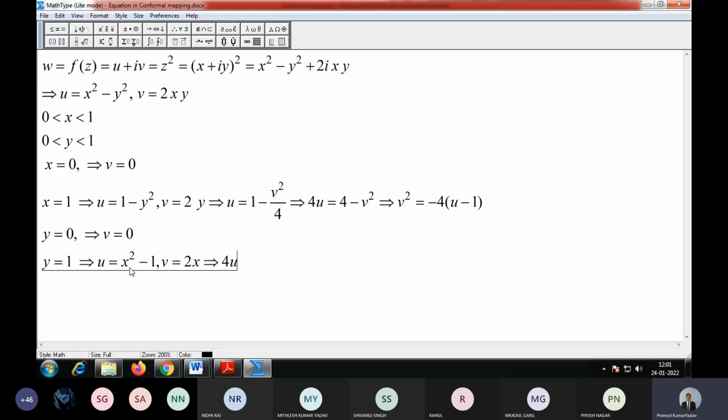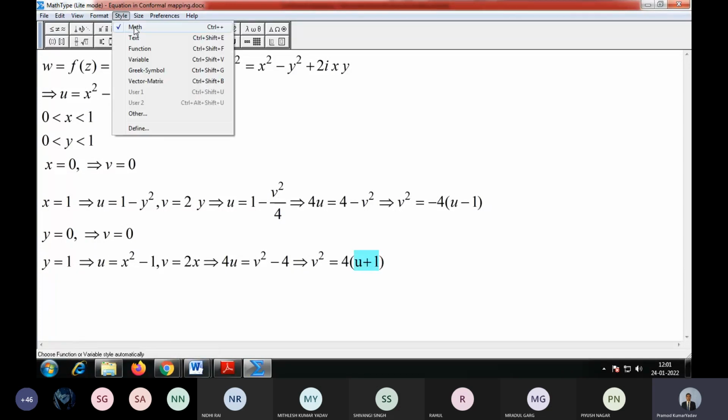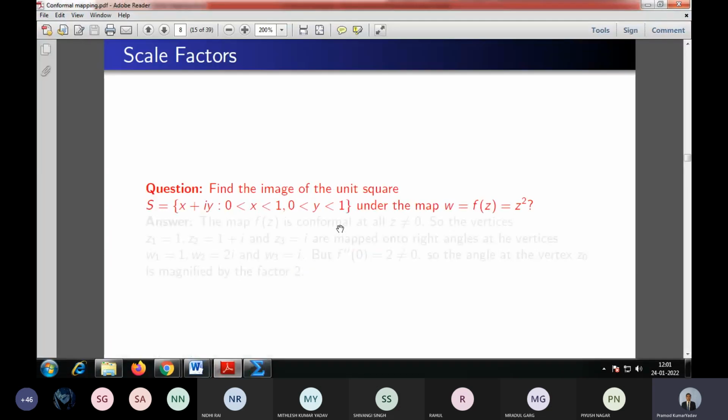So u is equal to v square by 4 minus 1. Please check my calculation. So this implies v square is equal to 4 within bracket u plus 1. So again it is a parabola. Am I right?